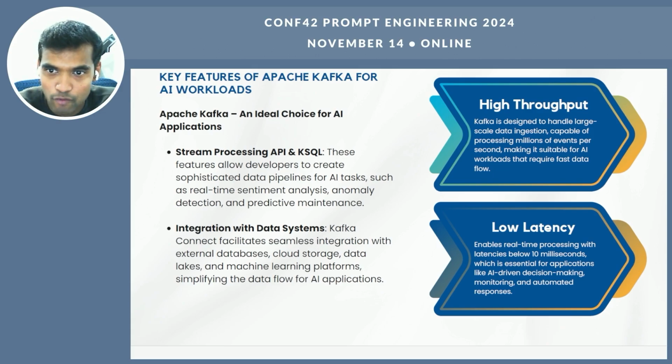With this API, we can perform complex operations like joining streams, aggregating data, or even transforming messages as they arrive. For example, in a real-time fraud detection system, the Stream Processing API could be used to continuously analyze transaction patterns and detect anomalies as soon as they occur.